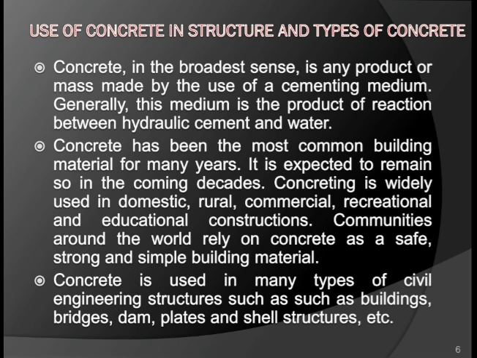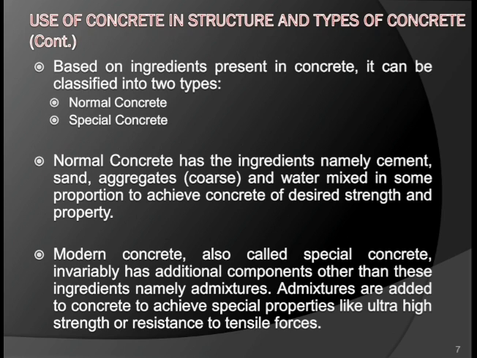This is the basic, or we can say good, property of concrete. It is very safe, it is a simple building material, and strong enough. Concrete is used in many types of civil engineering structures such as buildings, bridges, dams, plates, shell structures, etc., everywhere. Now, let's see the classification and parallelly their uses.